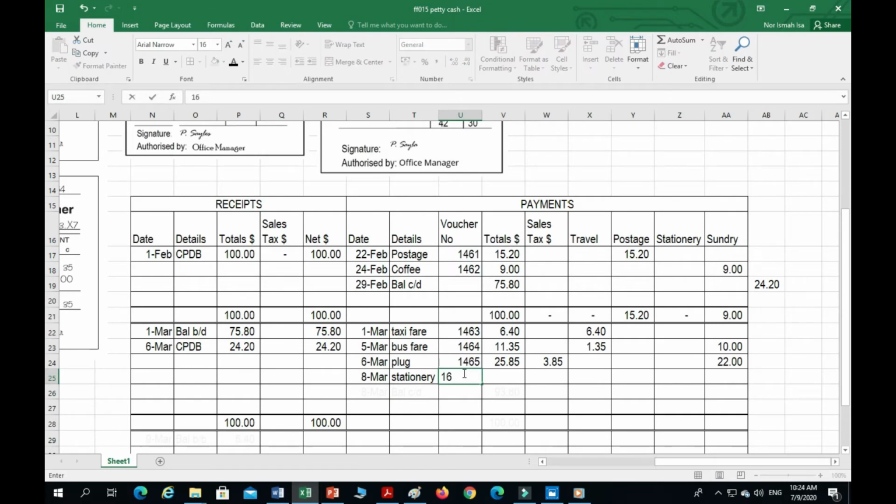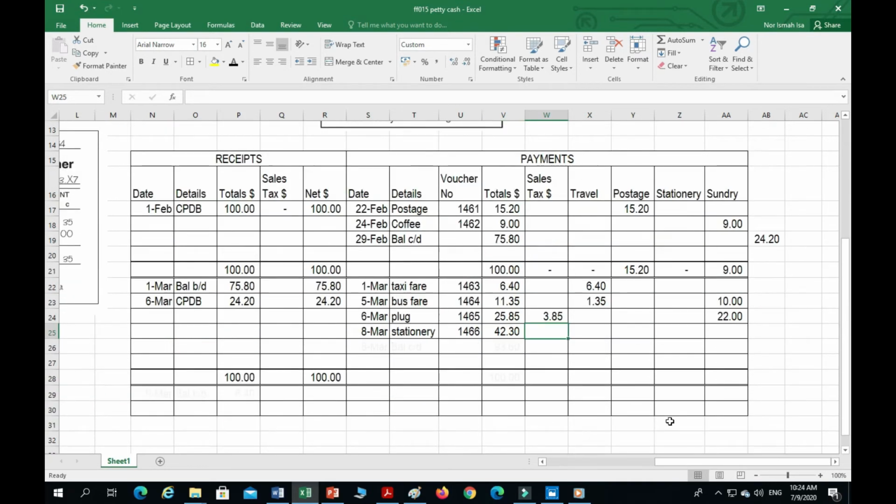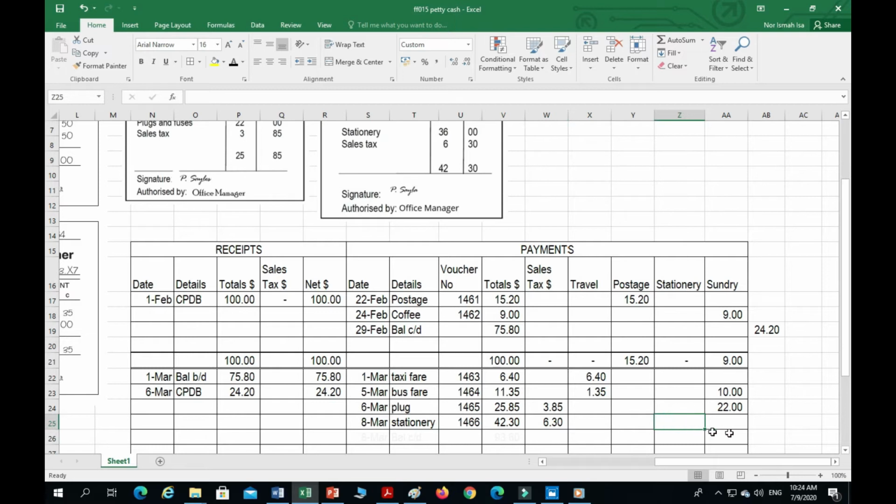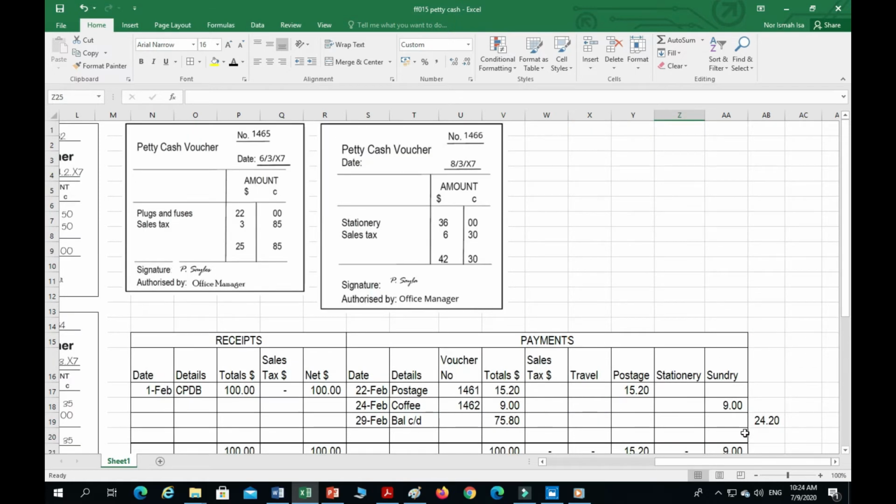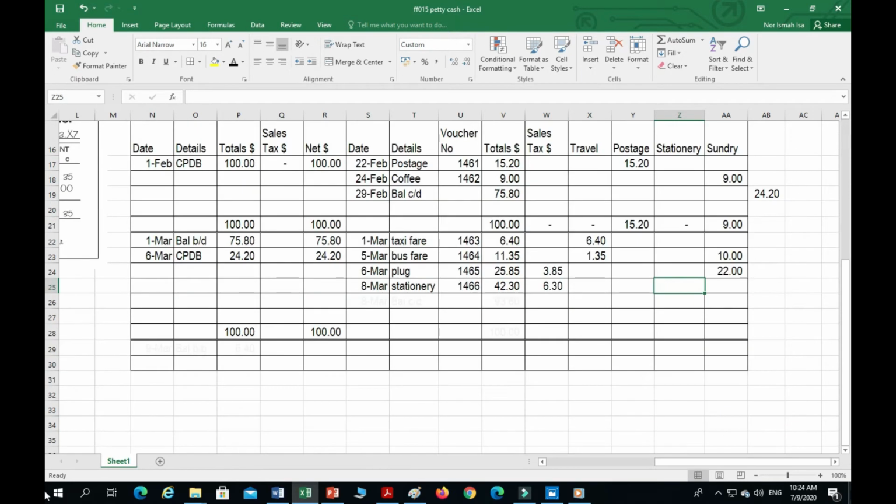The voucher is 1466, and the total amount we claim is $42.30, and this is split into two. One is for sales tax, 1.3, and for the stationery itself is 36.